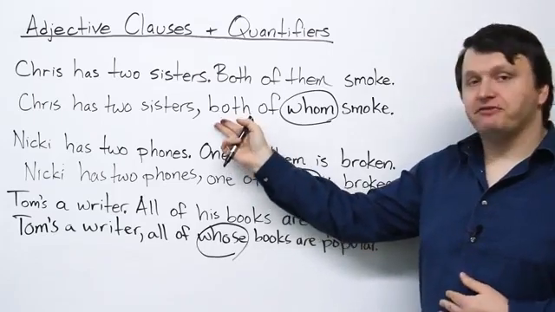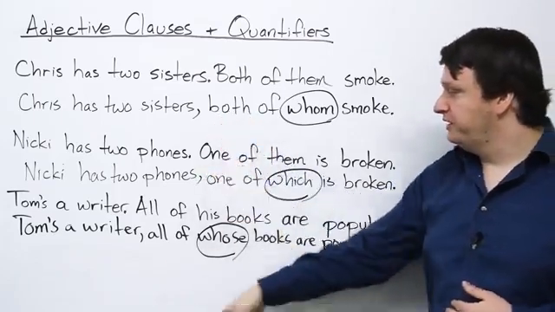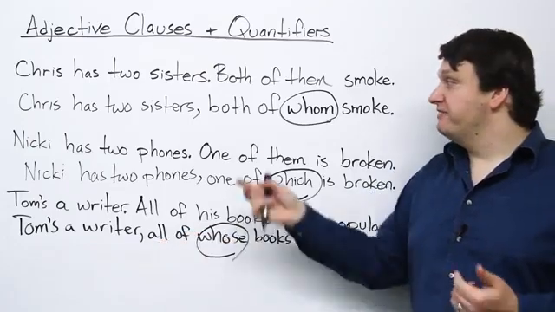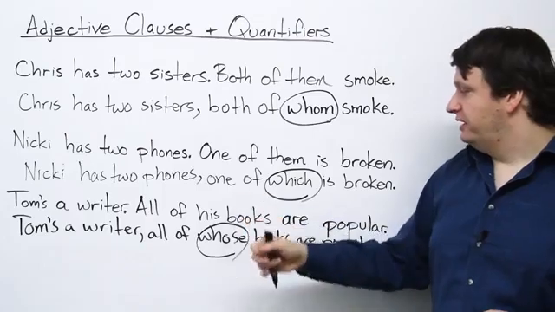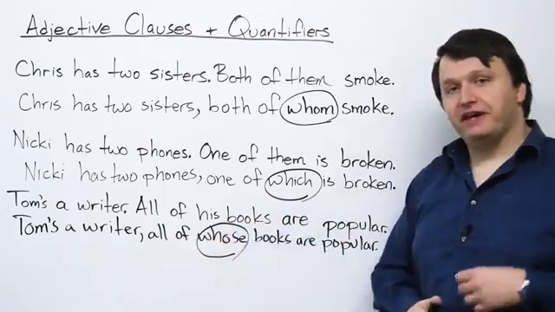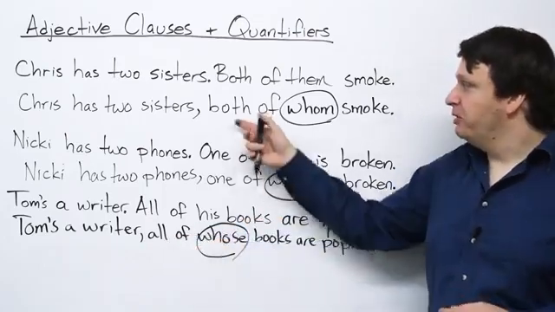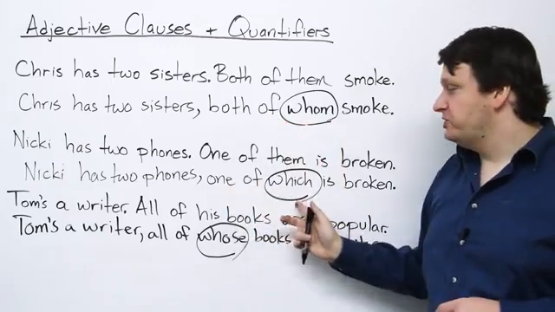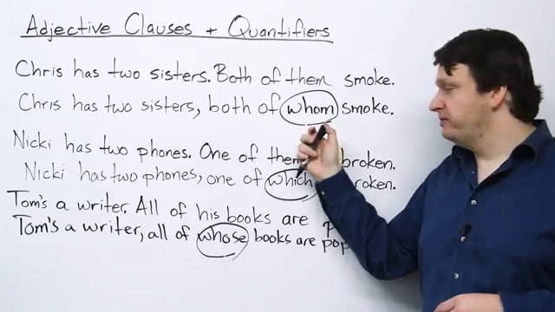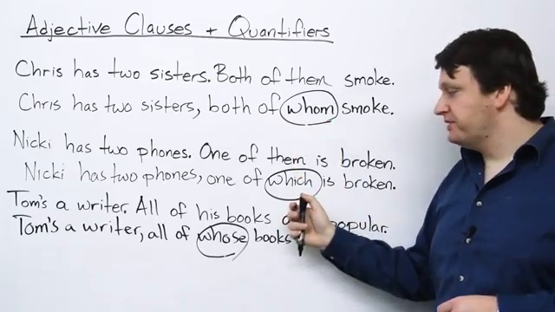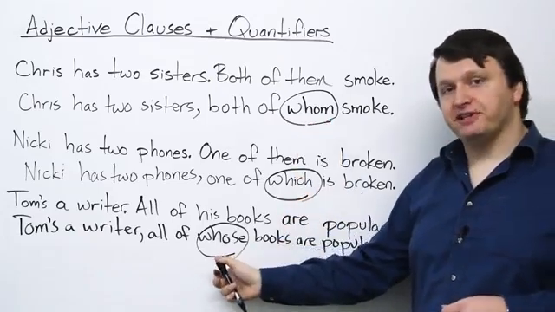You have a quantifier, both, one, all. You always have of, okay? So both of, one of, all of, and then you have the relative pronoun. Both of whom, one of which, all of whose. And again, whom for people, which for objects, whose for possessives.